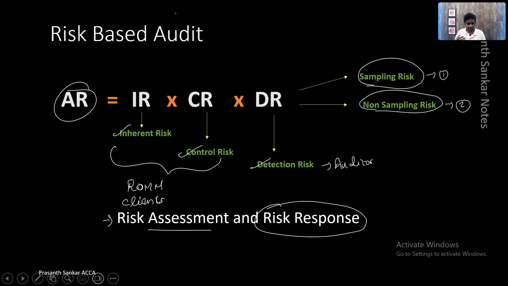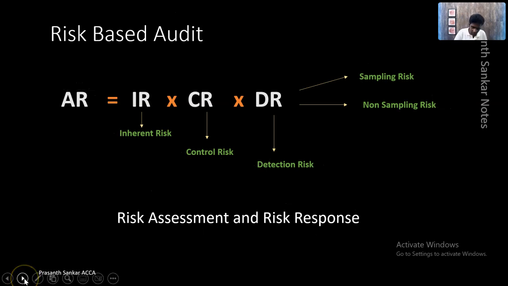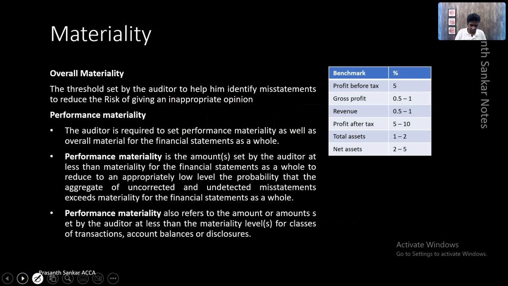Once you identify the risk, even before that, the audit that you perform is always based on something called materiality. It's very important. As I told you, the auditor is not going to give an absolute assurance. He's going to give a reasonable assurance, saying that the financial statements are free from material misstatement.